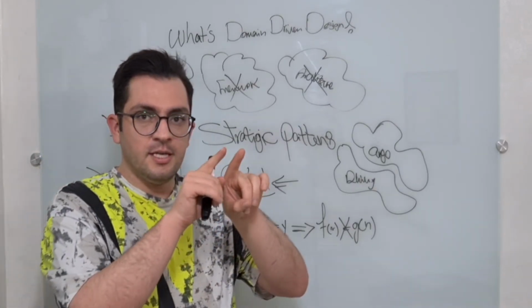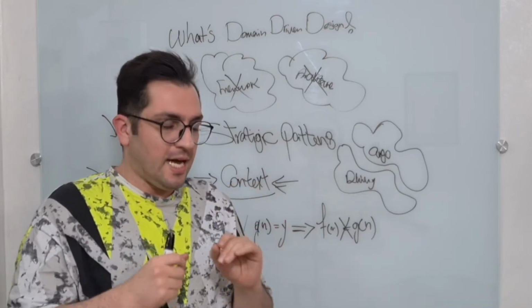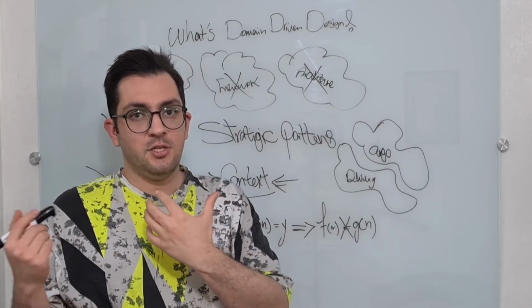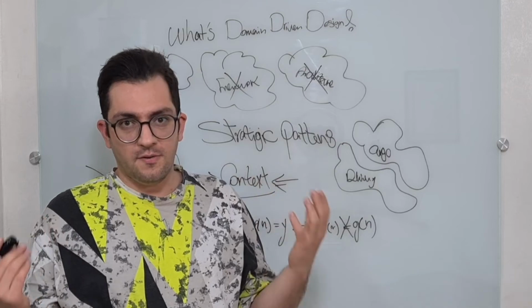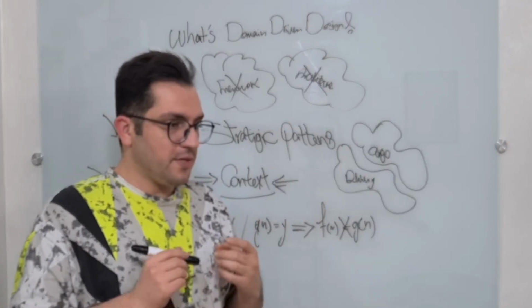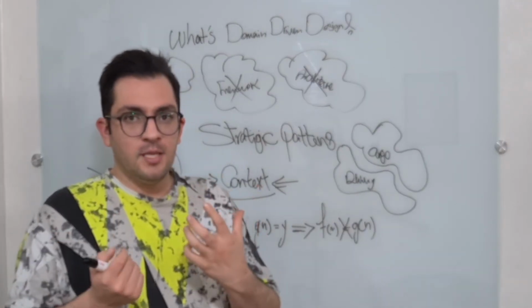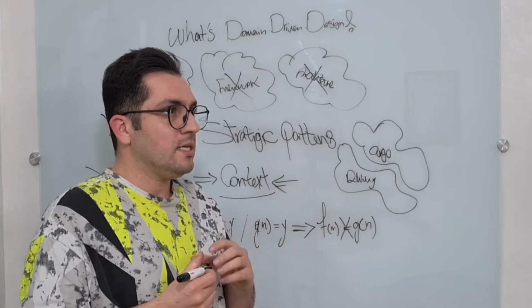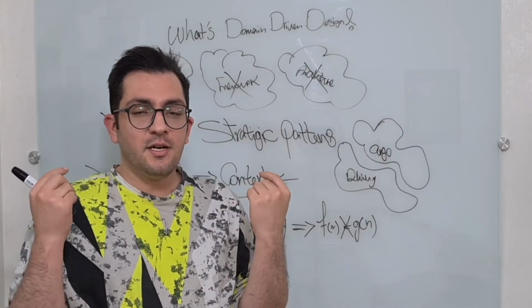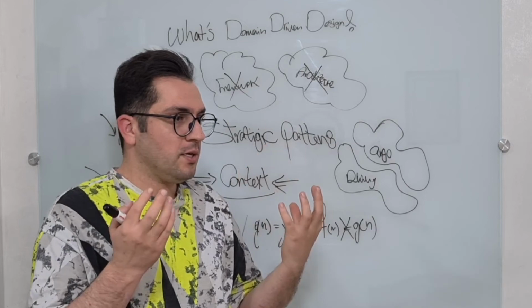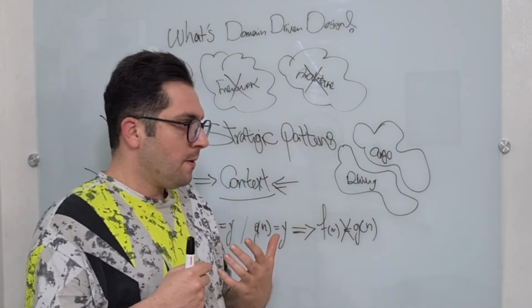The more aligned, the better the software, and the less understanding and more ambiguity, the worse the software. That is when the software becomes a big ball of mud, exactly when you don't have any understanding of what the domain model is, how it works, and how it is going to happen.